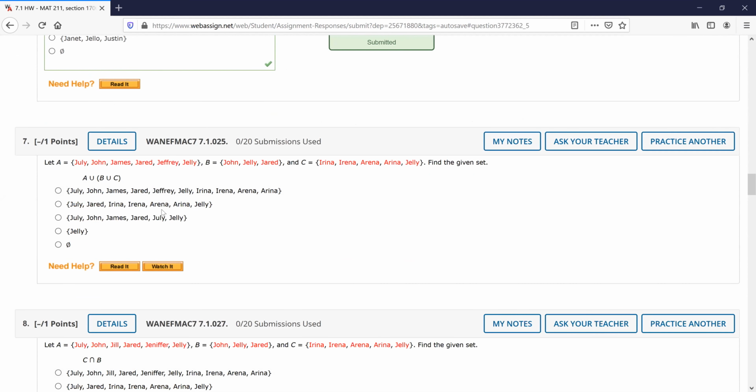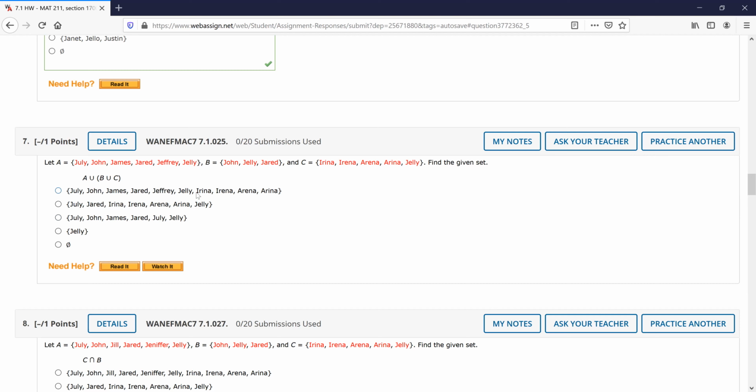All right. So this one says A union B union C. So the first thing you do is find B union C. So B union C means it's B or C. So it's ones that come in B or C, which is John, Jelly, Jared, and then all of these over here on the right. And Jelly is not twice. So it's just John, Jelly, Jared.